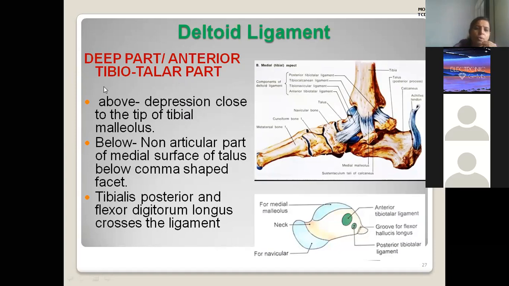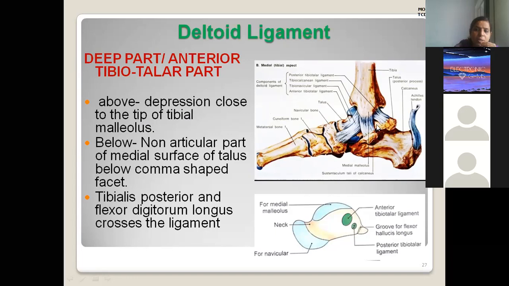The attachments of the deep part are above, at the depression close to the tip of the tibial or medial malleolus. That means if you cut these intermediate fibers, you will be able to see better because these are deep parts. Below, it is going up to the talus.